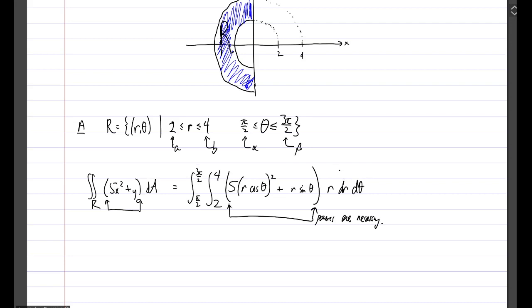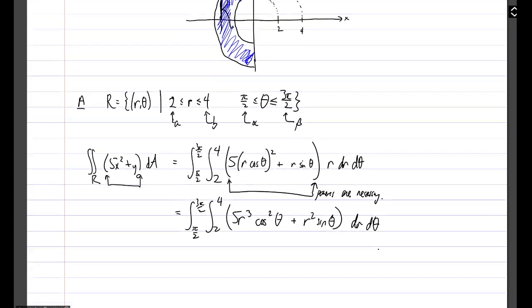With the d theta at the end, it's the integral at the beginning. So we'll have the integral from pi over 2 to 3 pi over 2, integral from 2 to 4, and distributing this r, we get 5 r cubed cosine squared theta plus r squared sine theta, dr d theta.